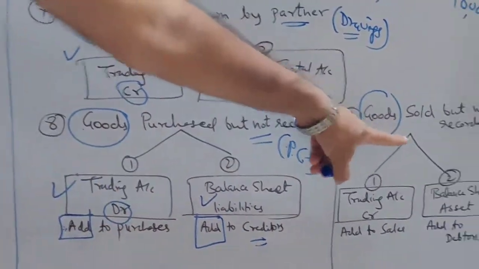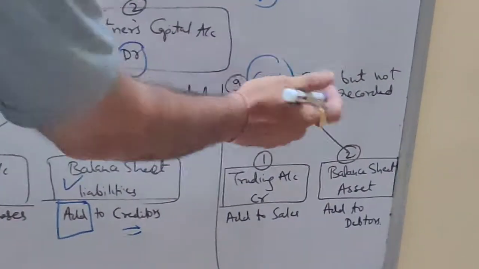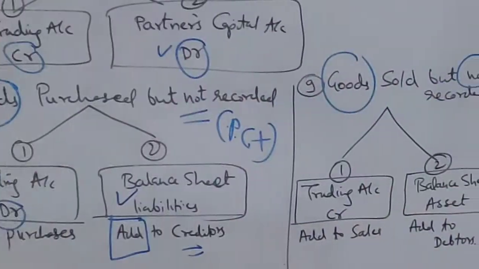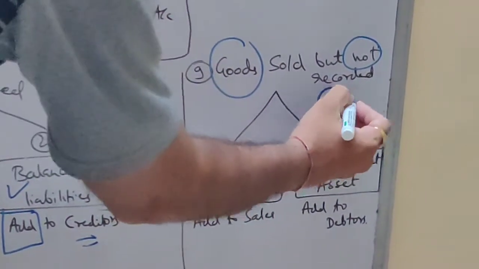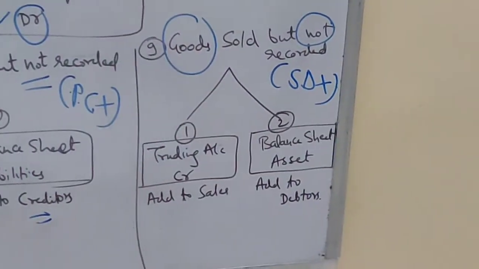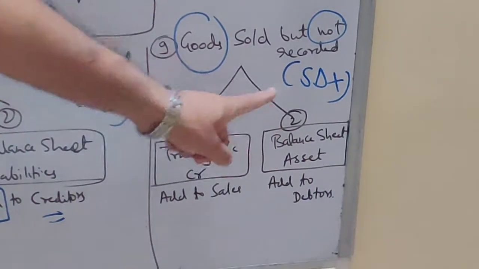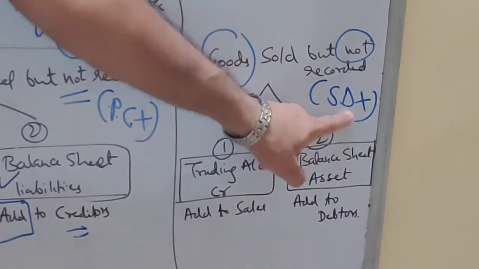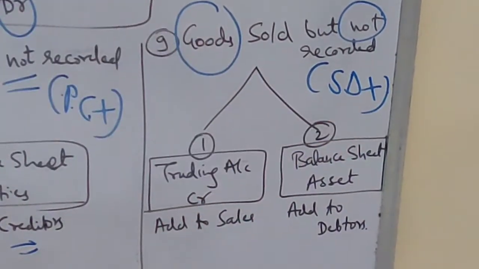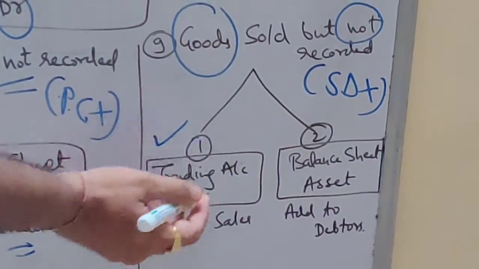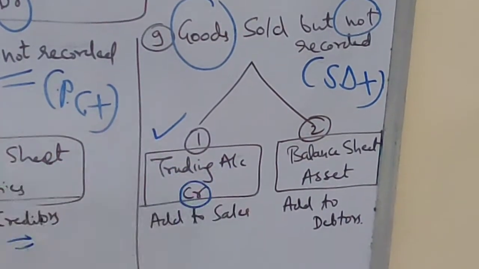Likewise, just the opposite of this, goods sold but not recorded. Again, the code for this is SD plus. What does SD plus mean? S for sales, D for debtors. So add to sales, add to debtors. Where do you record sales? In the trading account on the credit side.